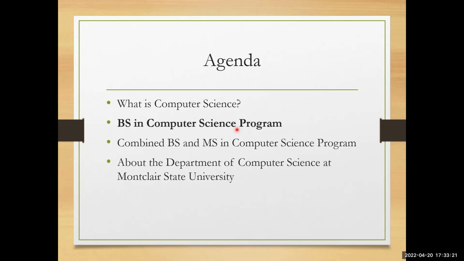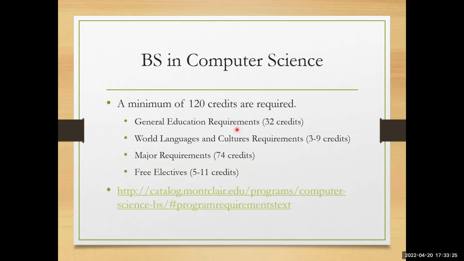We have this Bachelor of Science in Computer Science program. Here is an overview of this program. We require a minimum of 120 credits. Within these 120 credits, there are 32 general education credits.